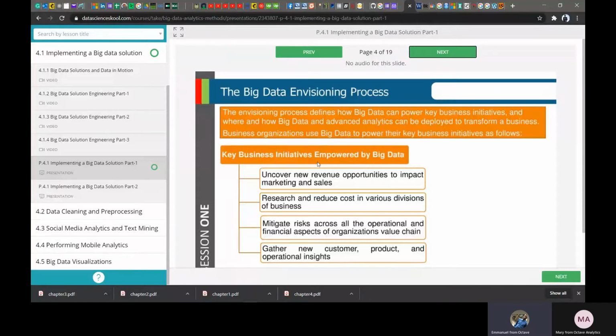Business organizations use big data to power their key business initiatives as follows: uncover new revenue opportunities to impact marketing and sales, reduce costs in various divisions of the business, mitigate risk across all key operational and financial aspects of the organization's value chain, and gather new customer, product and organizational operational insight.